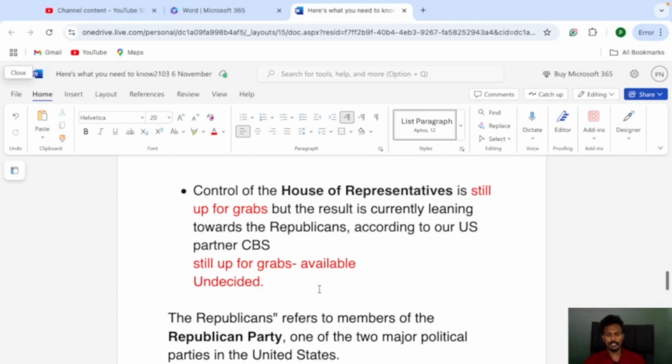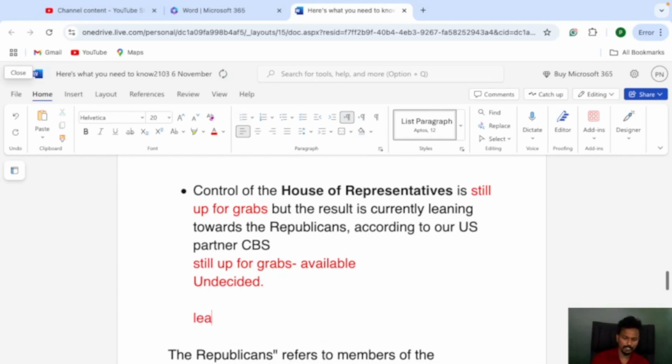Again, but is a coordinating conjunction. We use it to connect two clauses. The result is currently leaning towards the Republicans. This one is a beautiful one. Lean towards. If something leans towards someone, the weight is more on that side.